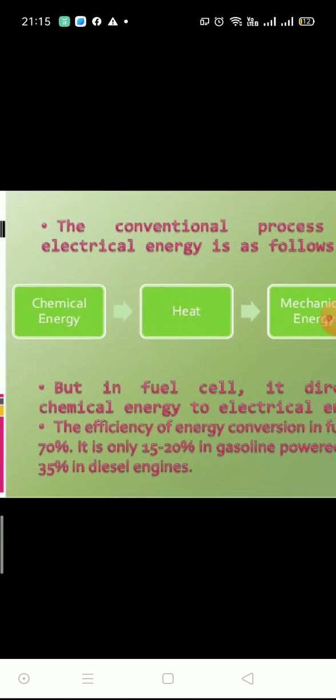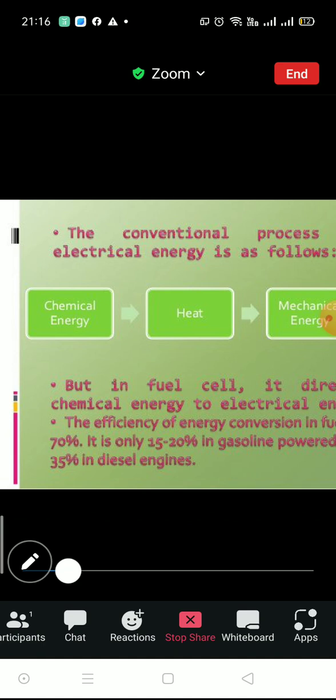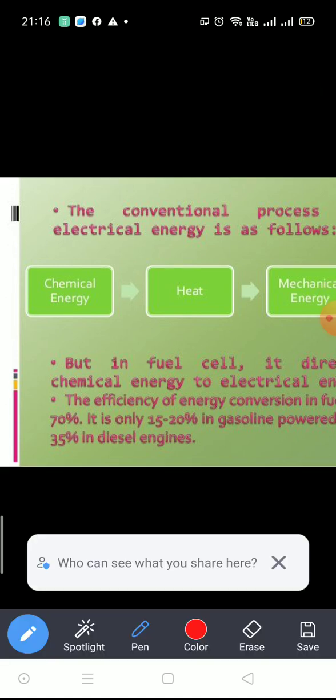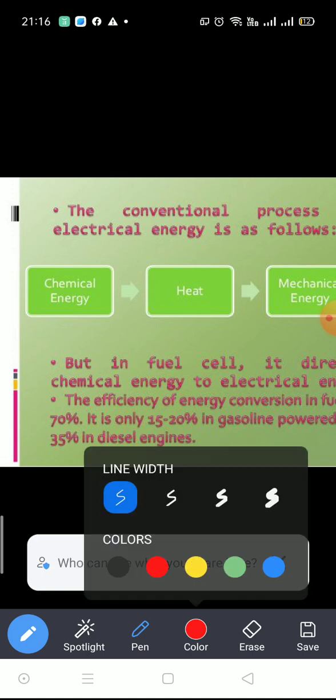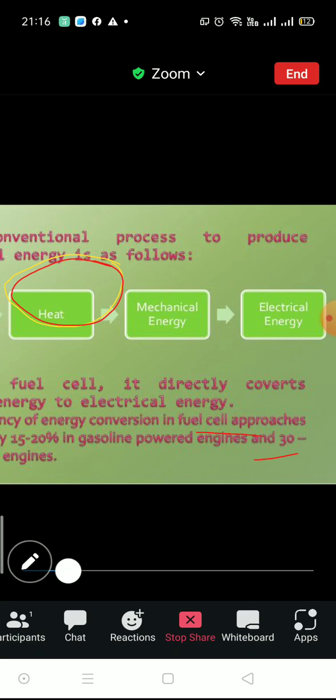But when it is utilized in a fuel cell, chemical energy directly changes into electrical energy. Now if you see, this is the chemical energy of the substance. It is changing directly to electrical energy.